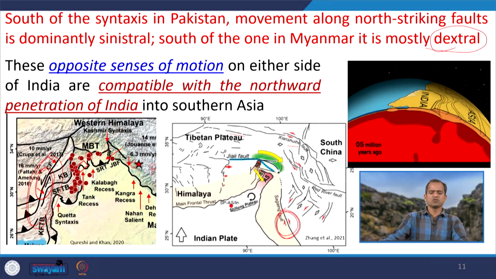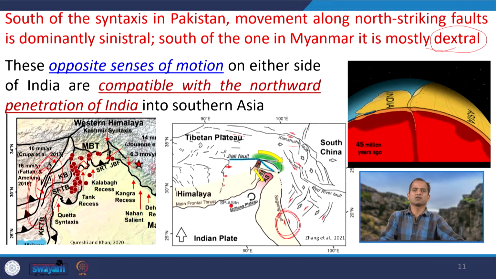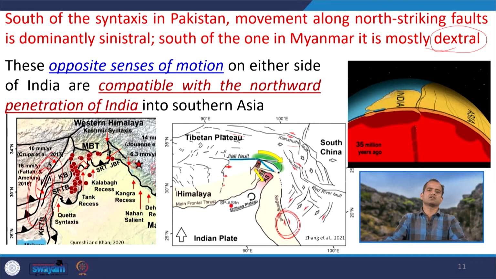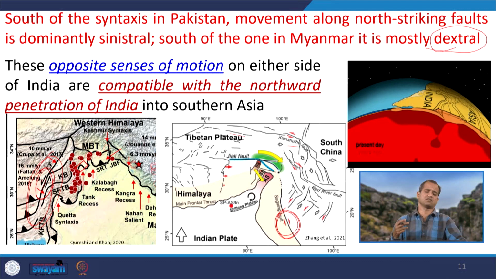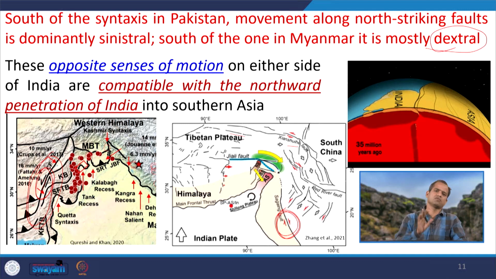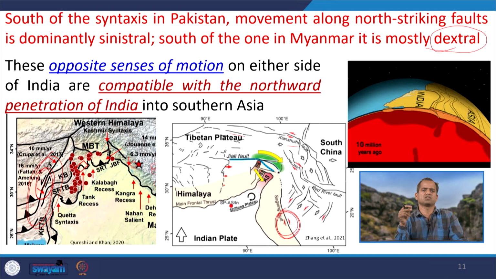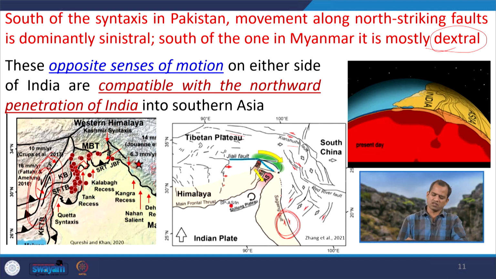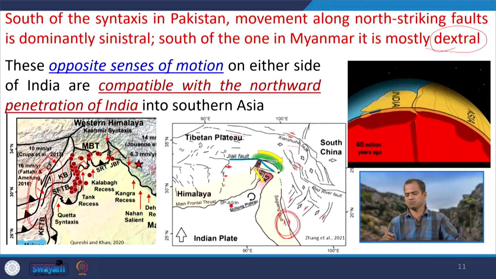These opposite senses of motion on either side of India are compatible with the northward penetration of the Indian subcontinent into the Eurasian system, as we discussed when talking about the indentation experiment carried out earlier, where a rigid system is forced to penetrate into a weak system, the Eurasian system. This can be well explained in the animated image.